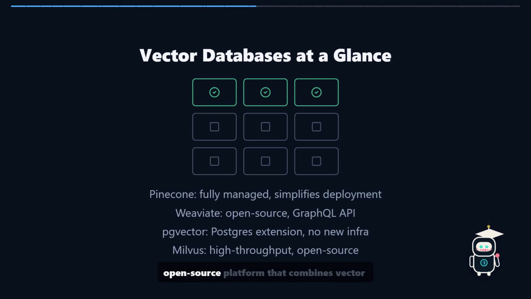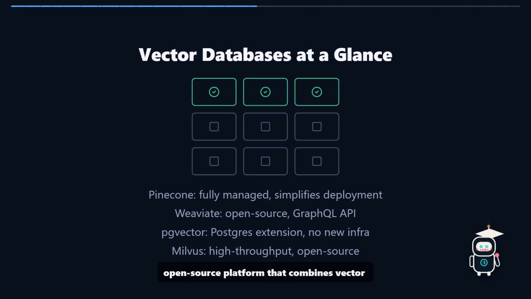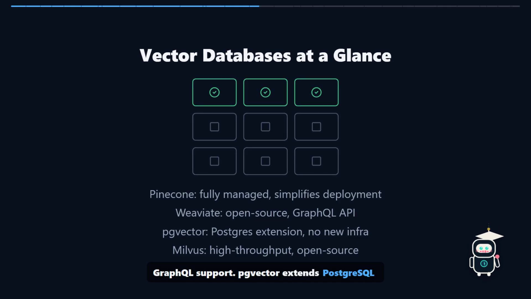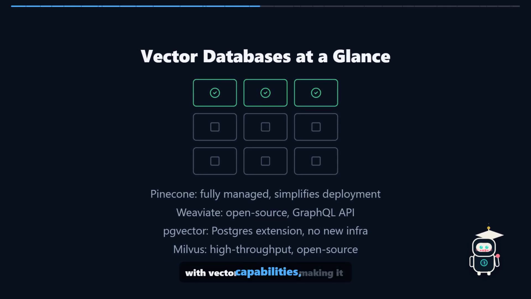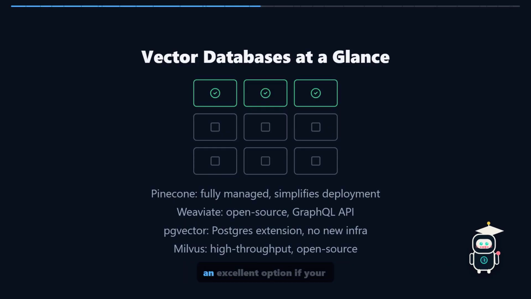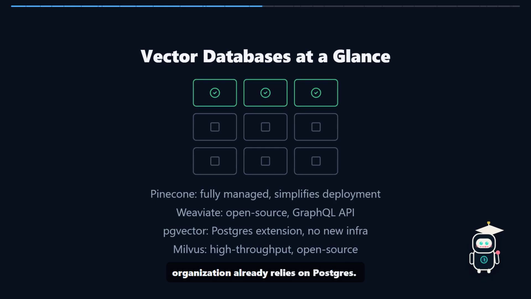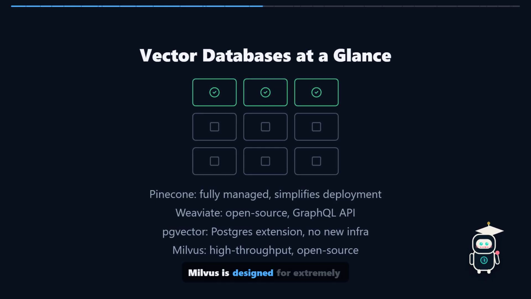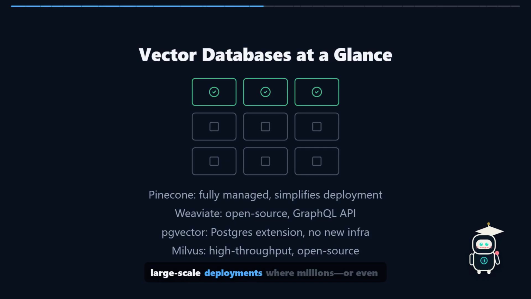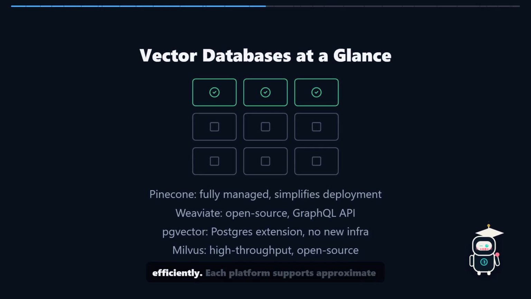Weaviate is an open-source platform that combines vector search with rich filtering and GraphQL support. pgvector extends PostgreSQL with vector capabilities, making it an excellent option if your organization already relies on Postgres. Milvus is designed for extremely large-scale deployments where millions, or even billions, of vectors must be indexed efficiently.